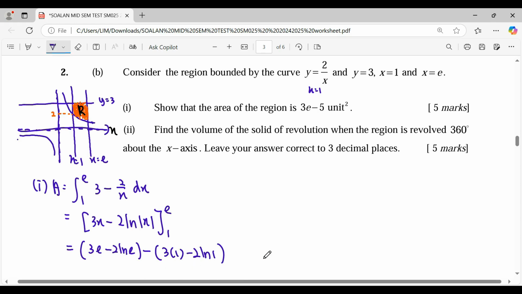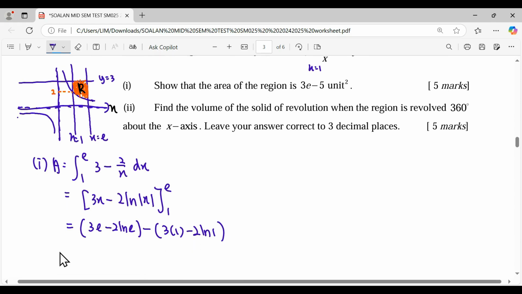And we figure out the value here without pressing the calculator, because they ask us to show this is 3e minus 5. Show it one by one, where ln e will give us the value of 1. This is minus 3. ln 1 is 0.